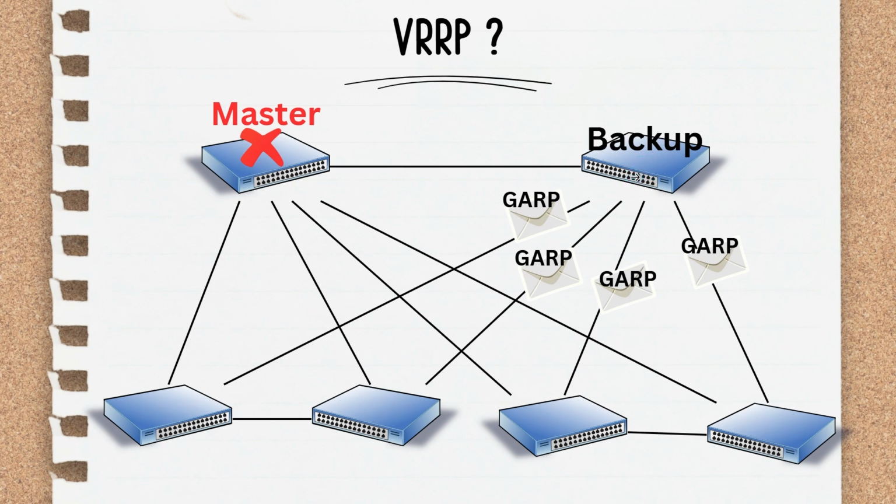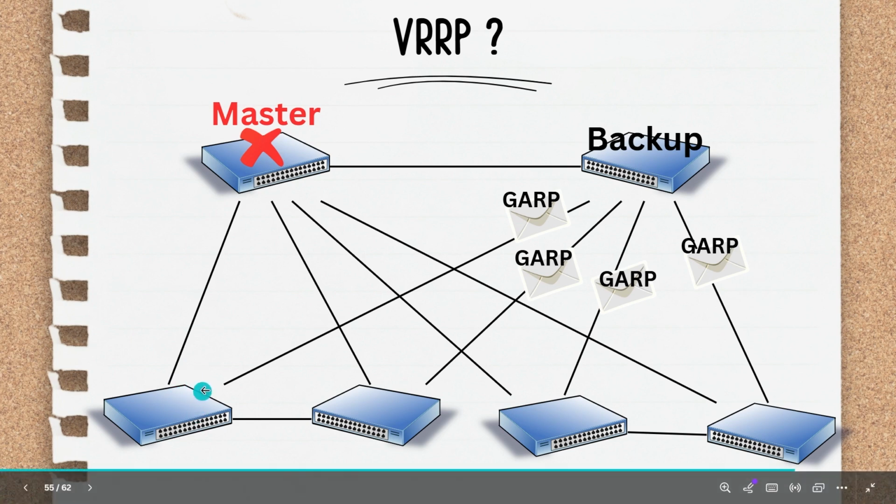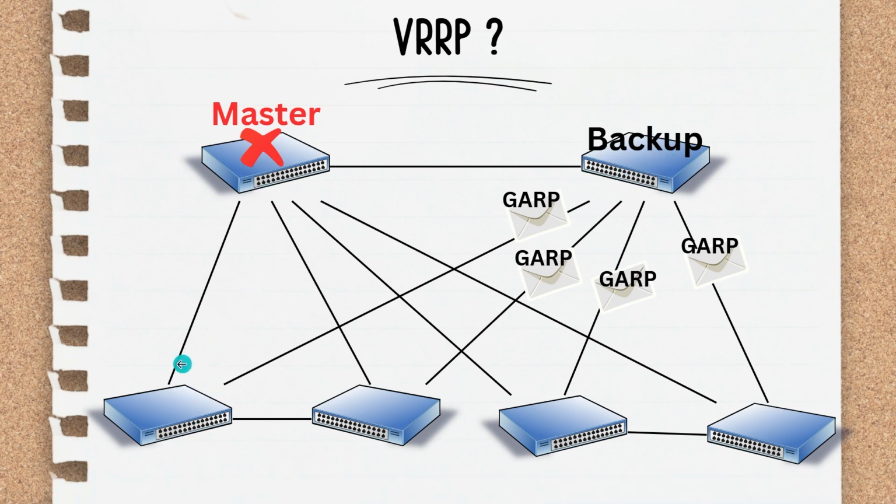The backup device will send something called GARP, gratuitous ARP. So this ARP will basically reset the MAC entries for this device. Previously the traffic was going through this device, so there would obviously be the MAC address of this device.